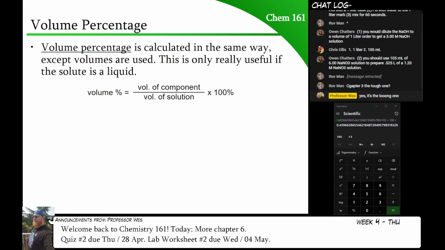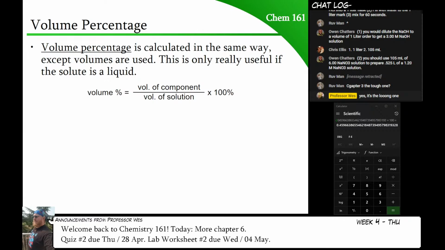All right. Volume percentage is used in the exact same way, except instead of mass, you use volume. If you have a solute that is a solid, this is not super helpful. But if you have a solute that is a liquid, say ethanol in water, then volume percent is much more useful.